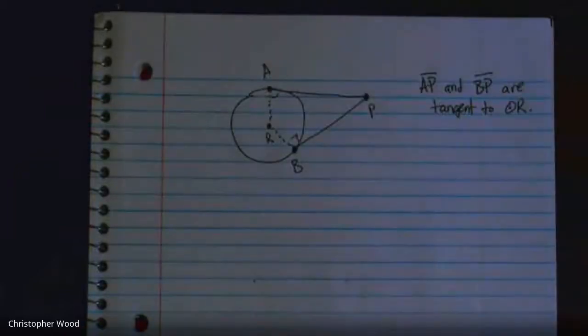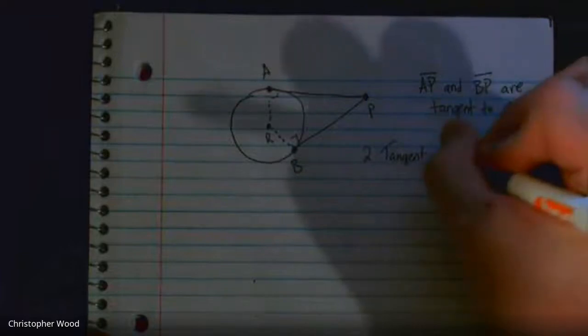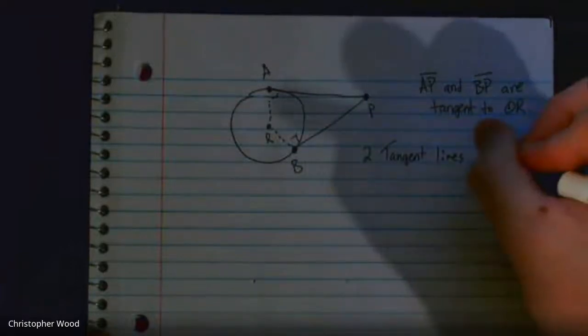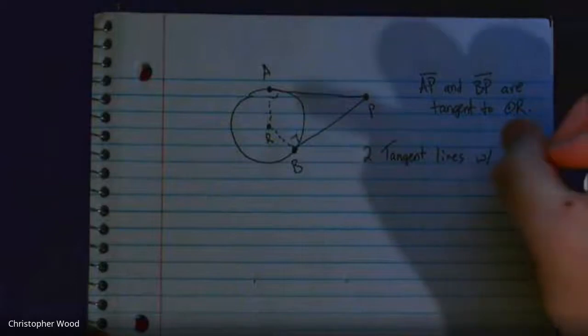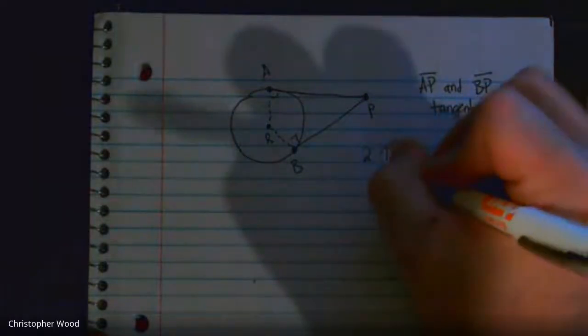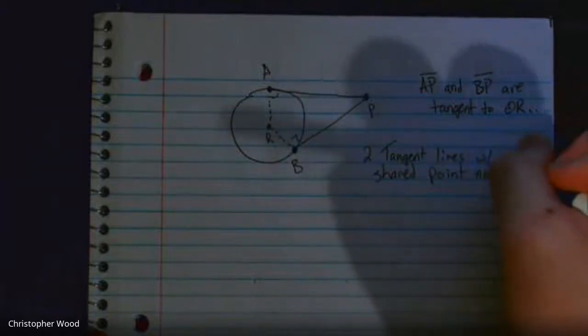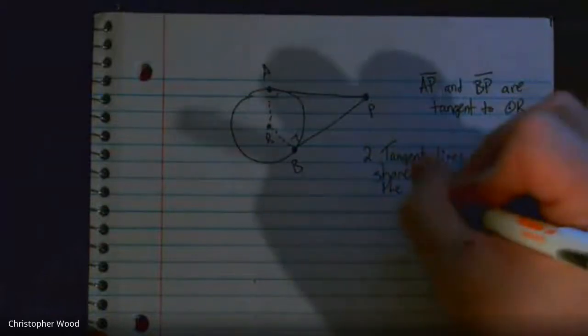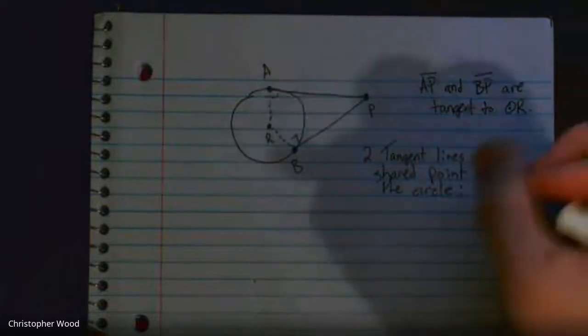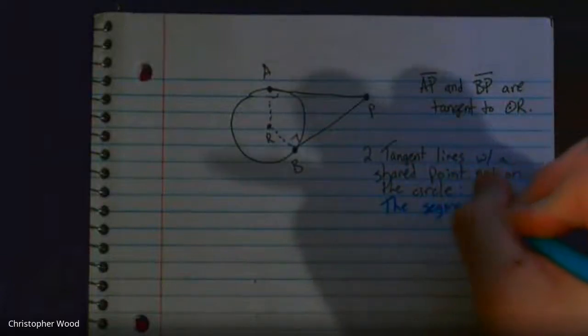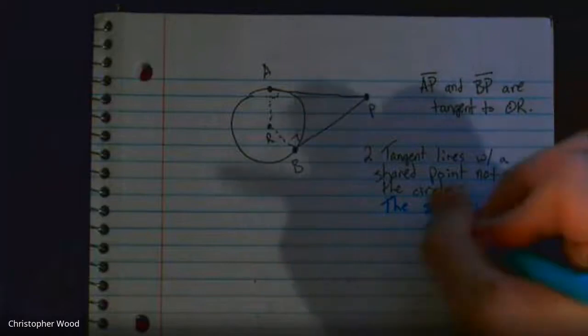But what happens if two tangent lines, so we have two tangent lines with a shared point not on the circle, then the lines, the segments, are congruent.